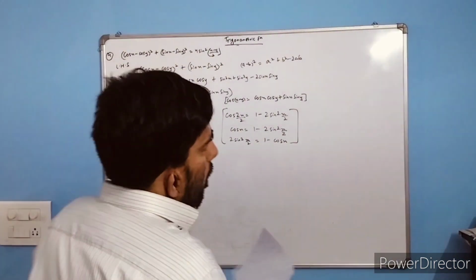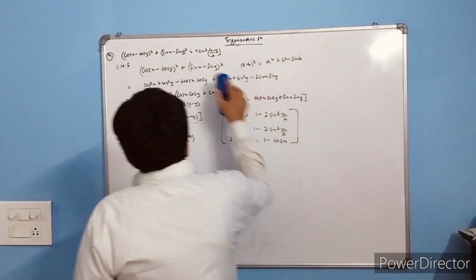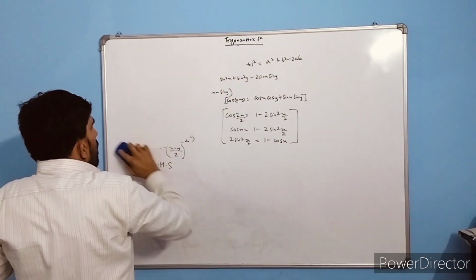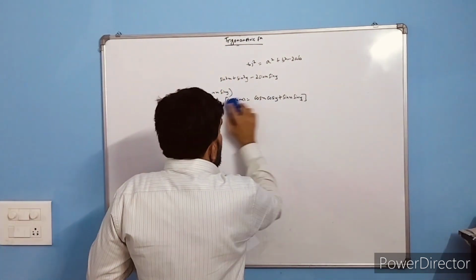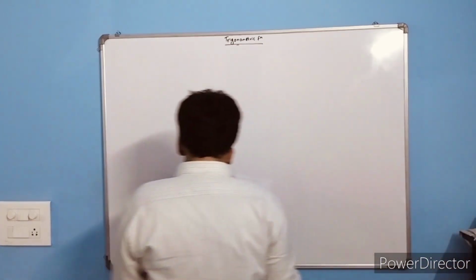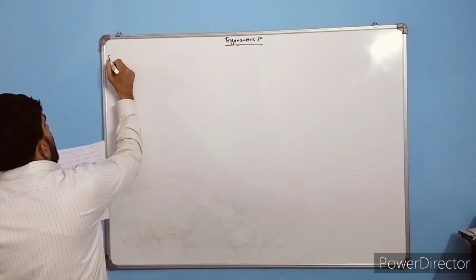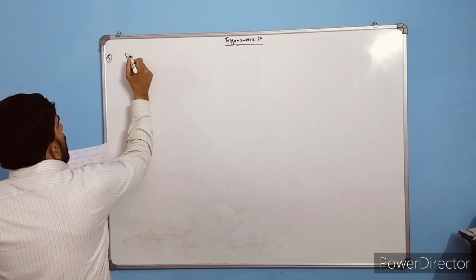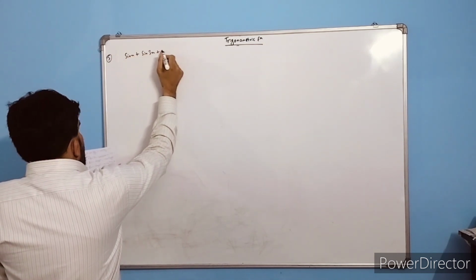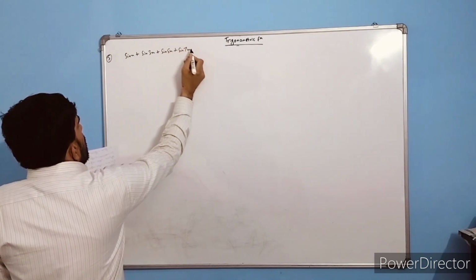So now we'll try to solve the next numerical. Now see what we have in that. In the fifth numerical we have sin x plus sin 3x plus sin 5x plus sin 7x.